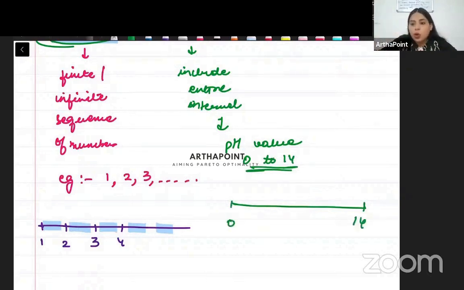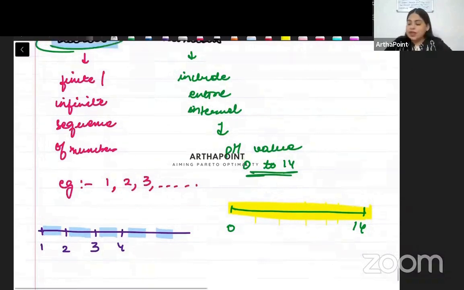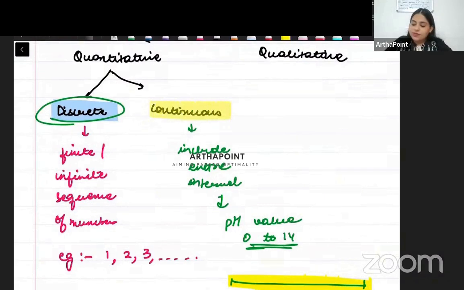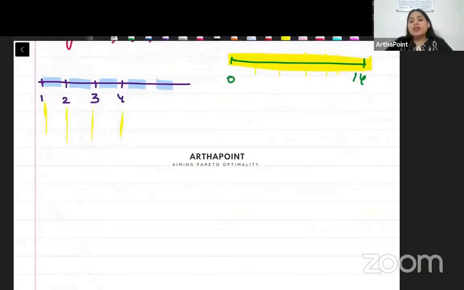Matlab it can be 0.2, it can be 7.8, it can be 9.33. So I am not including only discrete numbers. I am including every number between 0 to 14, including integers, right? Every possible thing that comes between 0 to 14 is included. Then that becomes continuous. So discrete is when you only include these, but nothing in between. And continuous is when you include the entire interval, but everything inside that interval is also included.